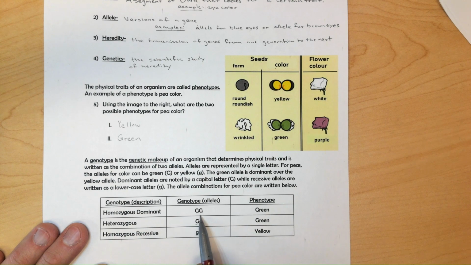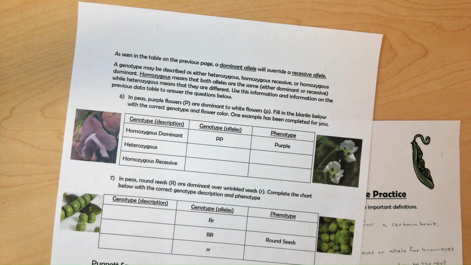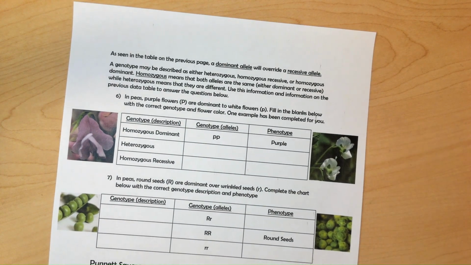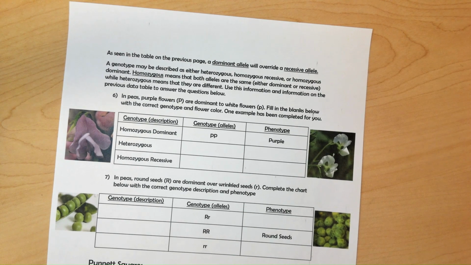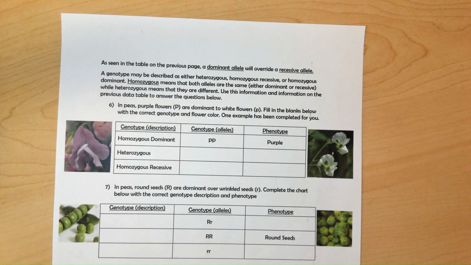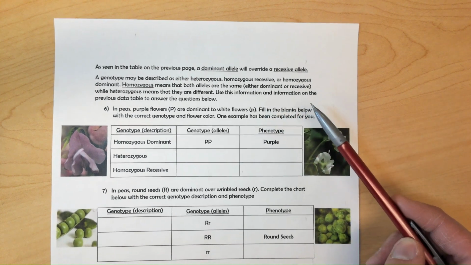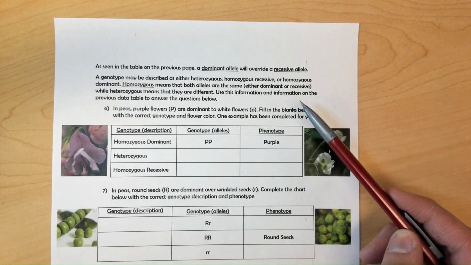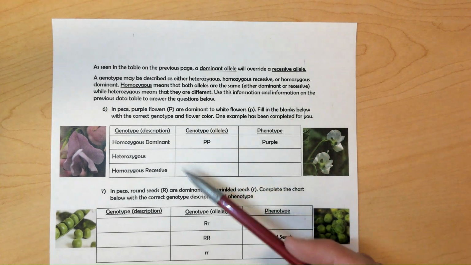Homozygous dominant is the same as well, but it's big G. Okay, moving on then. So it says a genotype may be described as either heterozygous, homozygous recessive, or homozygous dominant. We just discussed that. And we want to use that information in order to solve these problems down below.